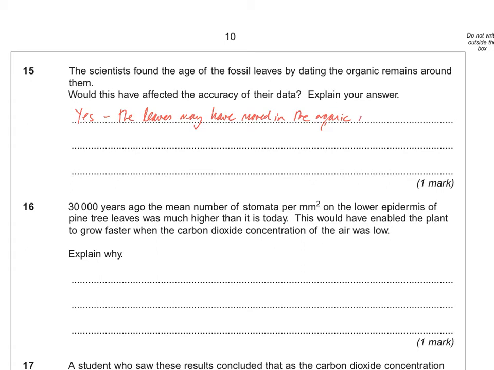Worm activity might have moved them around. Or I could say no, because unlikely to be disturbed, therefore age of leaf equals age of remains around it, remains next to it.